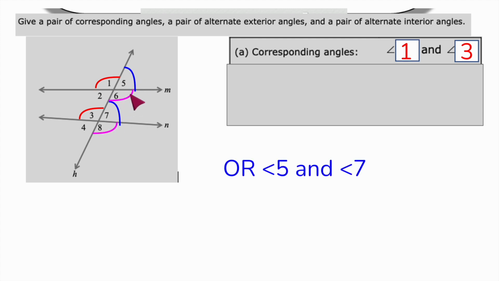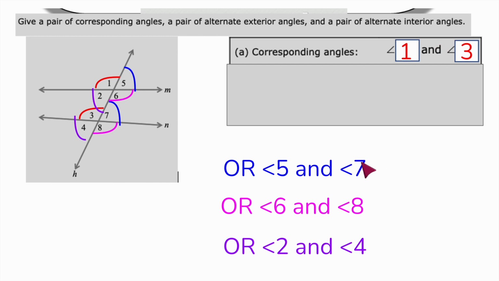Or I could go below the lines and stay to the right on each side of the transversal. So that's 6 and 8. Or I could do 4 and 2 because this is just on the left side of the transversal, but underneath the lines. So these are all considered corresponding angles. You choose one of these four pairs, and that would be an appropriate answer. So 1 and 3 is not the only answer. I could go with 5 and 7, 6 and 8, or 2 and 4. I would just choose one.